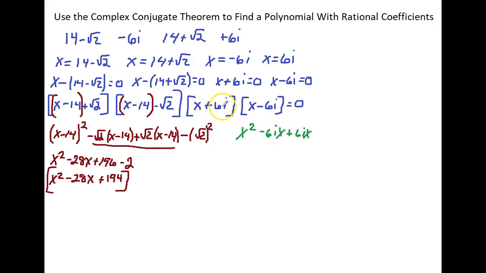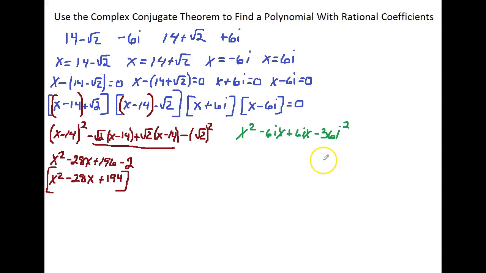And then positive 6i times negative 6i. Well, 6 times 6 gives you 36. Positive times a negative is negative. And we have 36i squared. Well, i squared is the same thing as negative 1.